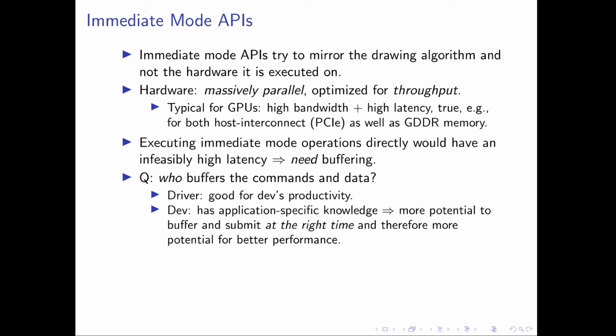When the driver does all the buffering, that's actually good for developers' productivity, because the developer doesn't really have to care when data is actually passed to the GPU and when the GPU gets involved. On the other hand, the developer might have some application-specific knowledge. And that would give the application developer more potential to optimize for the GPU architecture that is used for rendering.